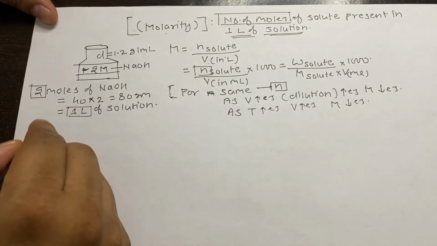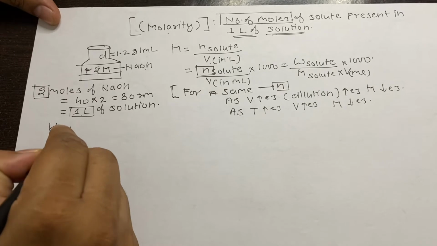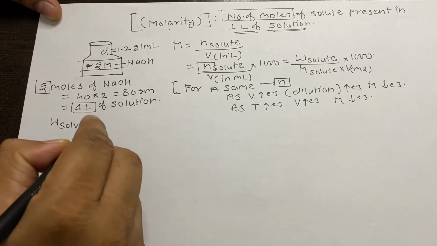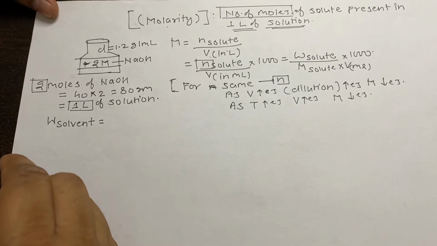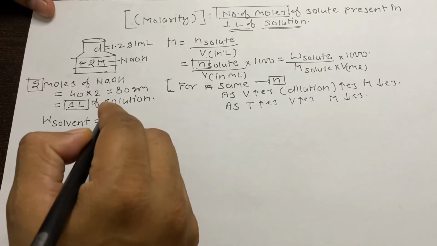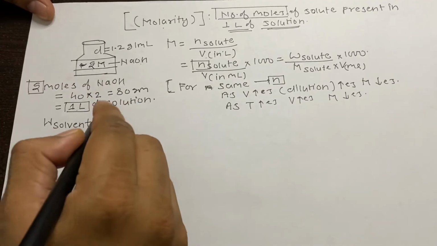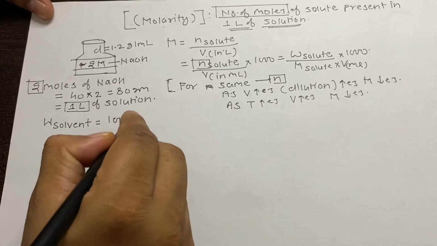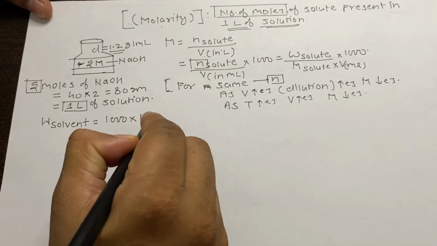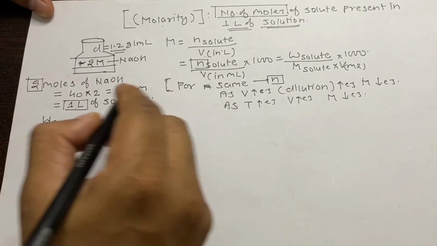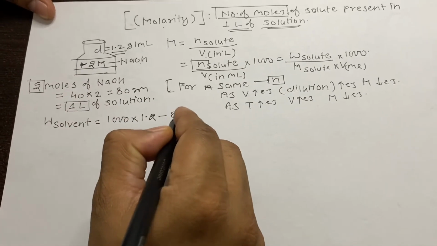Now how can we calculate the mass of solvent from this? Mass of solvent equals mass of solution minus mass of solute. The mass of solution equals the volume of solution into density, which is 1.2 gram per ml, minus mass of solute, which is 80 gram.